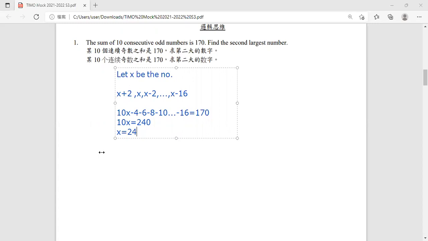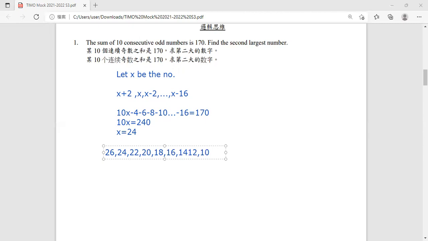But you will find that you have 26, 24, 22, 20, 18, 16, 14, 12, 10, and 8.